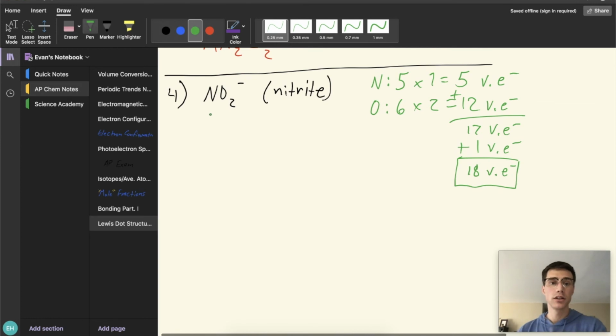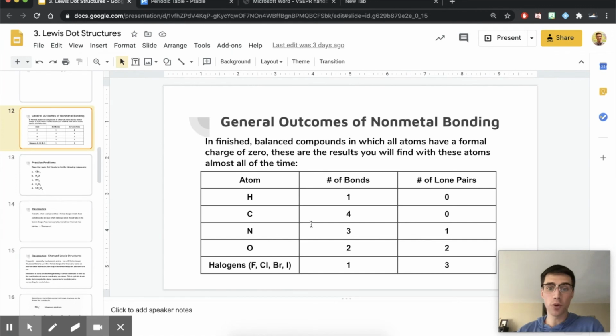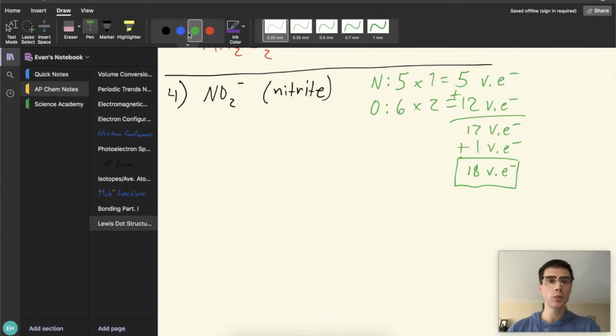Now in this case, oxygen is slightly more electronegative than nitrogen. However, because there's only 1 nitrogen and it tends to form more bonds than the oxygens do, it's safe to assume that the nitrogen will be the atom in the center of our molecule here.